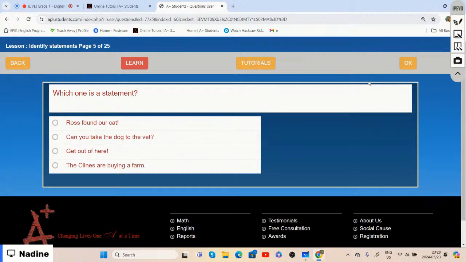And in this one, which one is a statement? It ends with a period. If we look at the statement, we can say the clients are buying a farm.